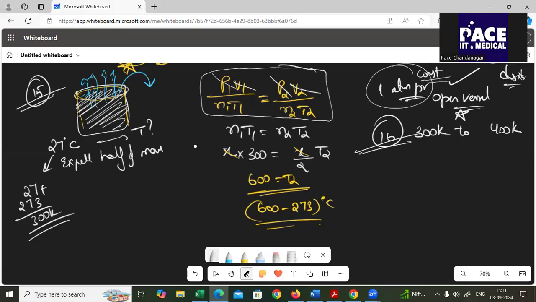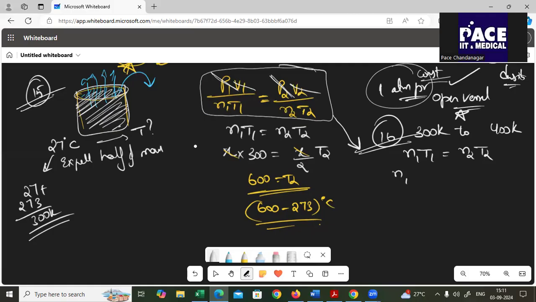See, P1 V1 by N1 T1 is equal to P2 V2 by N2 T2. My atmospheric pressure is the same, so I am cutting off pressure, and the same vessel I am using, so volume also is the same. I will cut off that also. So N1 T1 equals N2 T2. Originally, the number of moles, I don't know. Let that be some N1 only, because nothing is given to us.